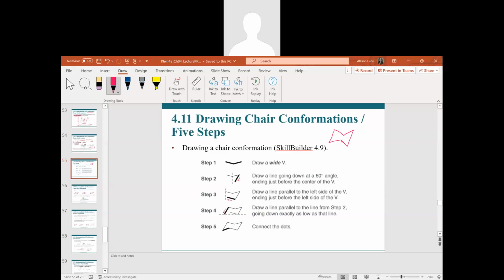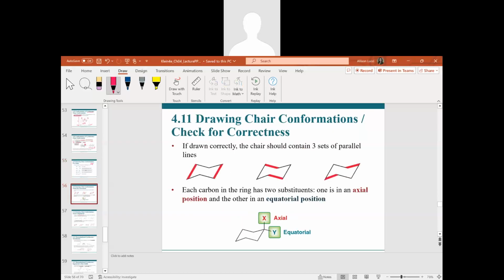So they have you follow these lines, drawing pairs of parallel lines so that you end up with this chair conformation. And we're going to see here that those three sets of parallel lines will guide us when we have to draw our axial and equatorial positions. So let's take a look at what that means.